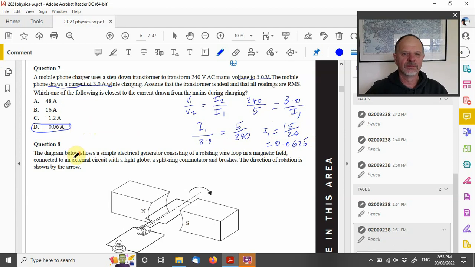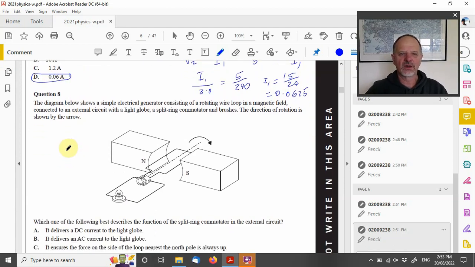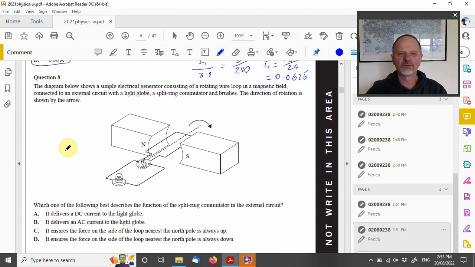All right, question 8. The diagram below shows a simple electrical generator consisting of a rotating loop in a magnetic field connected to an external circuit with a light globe. A split ring commutator and brushes.